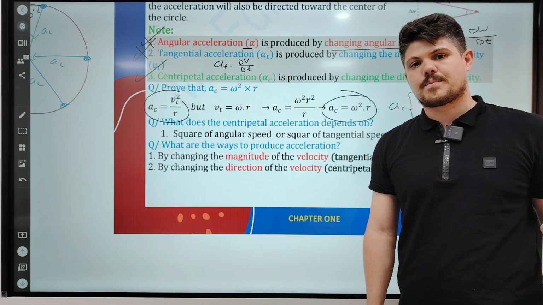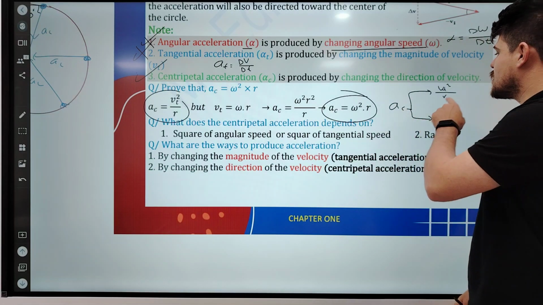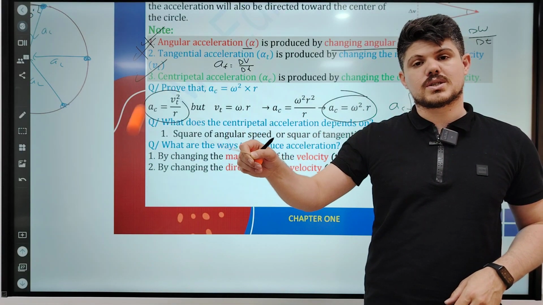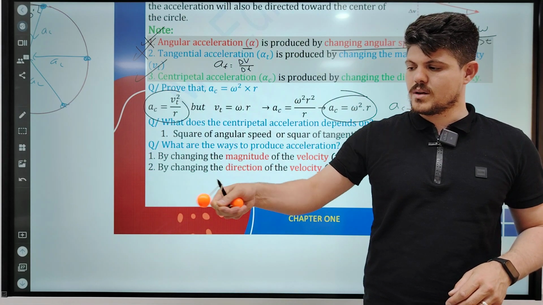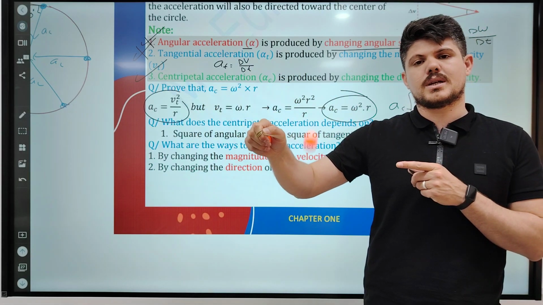It is directly proportional. And what is the relation between the centripetal acceleration and the radius of the circular path? It is inversely proportional. By decreasing the radius at constant speed, what happens to the centripetal acceleration?